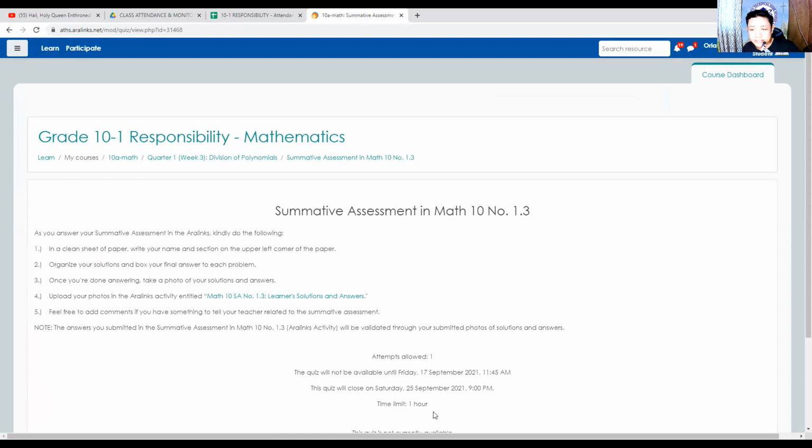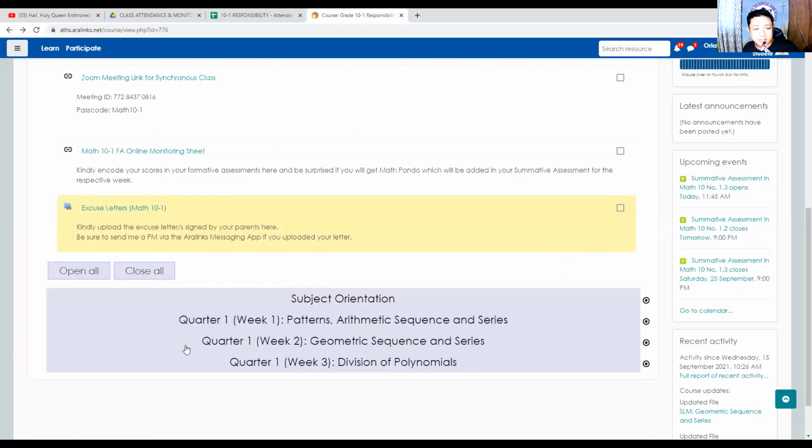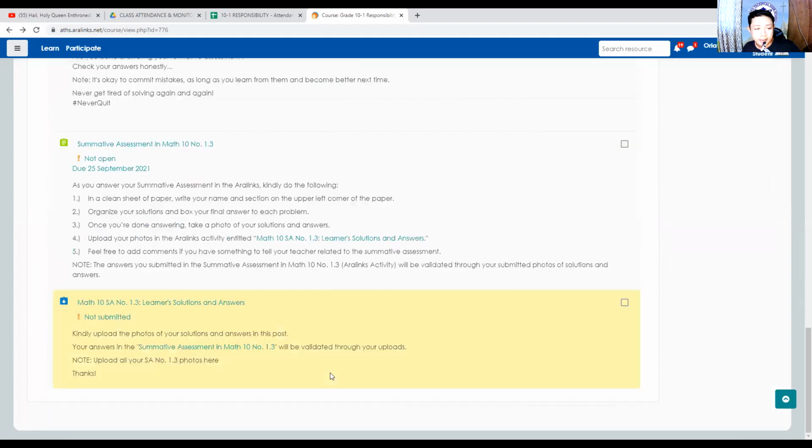To those who haven't answered quiz number 2 yet in math, our geometric sequence and series lesson, it will be open only until tomorrow, the quiz from last week. So please take it already or else your score will be 0. Sayang naman. And don't forget to upload your solutions and answers here. Take a photo and then upload.